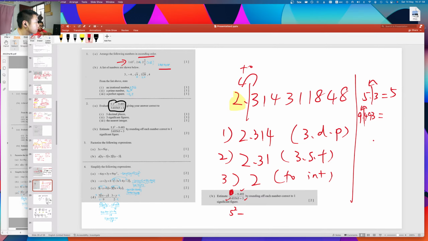Plus 1 or plus 0? 0. So it's 9, right? Okay, so it's 9. 5.035 and so on. One significant figure. 0. So it's 5, right? Plus 3, yeah. So you just key into calculator.